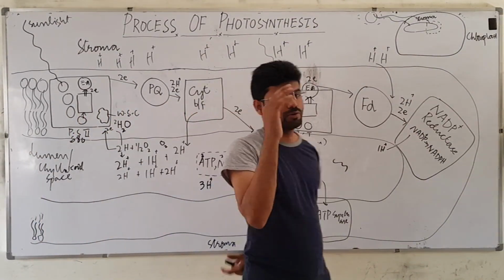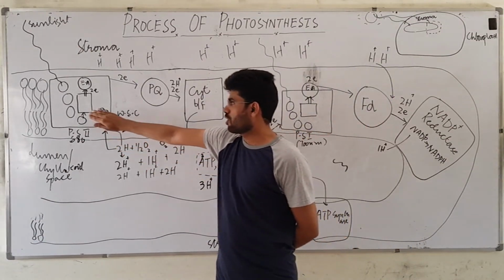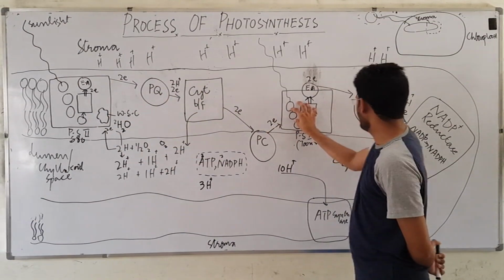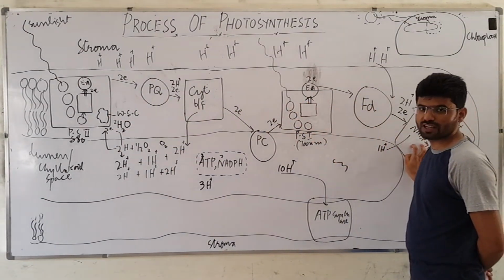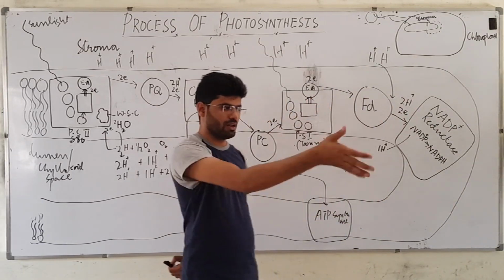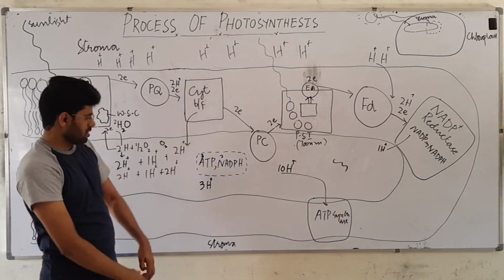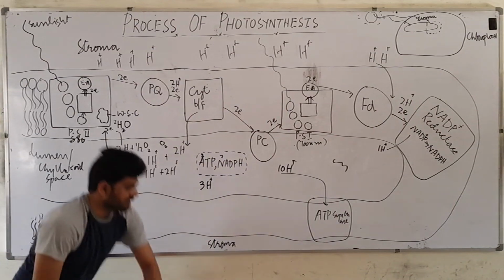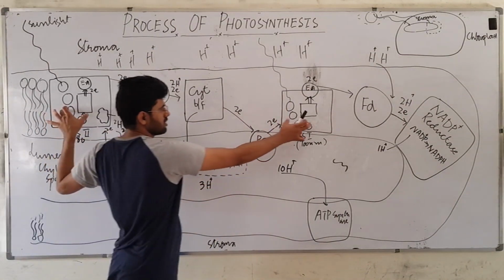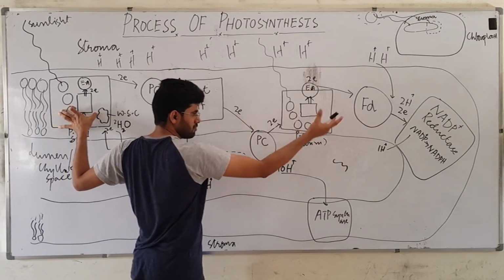It is a name of moving electrons from PS2 to PS1 and from PS1 to NADP reductase. Why are these electrons moving from one place to another? Because sunlight excited the electrons of both photosystems at the same time.